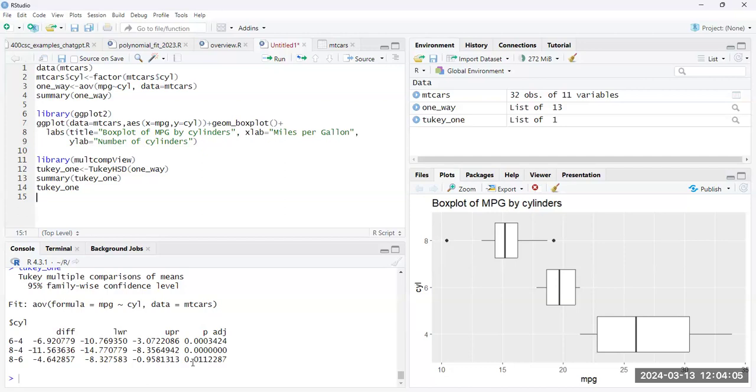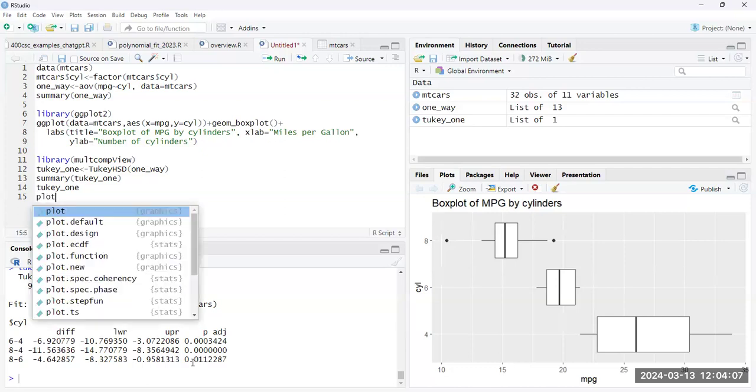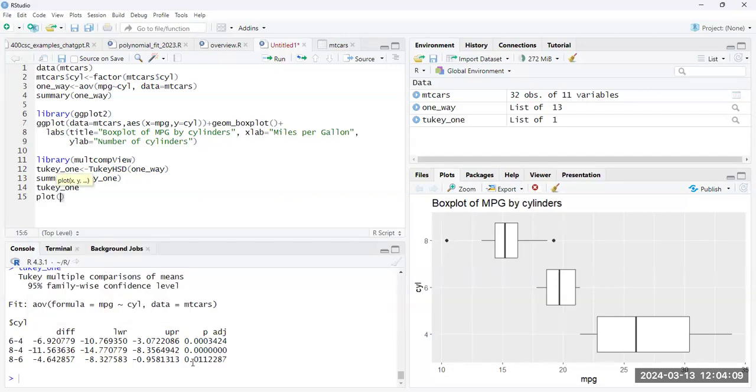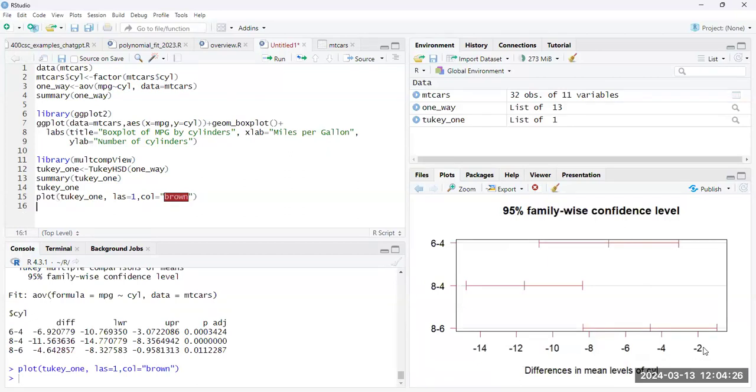Now, we can also plot these intervals so that we can visualize them. So we're going to plot Tukey 1. And when I run that, what I get is a confidence interval plot. And again, when you're looking at these and comparing them, you want to look for where the 0 is.